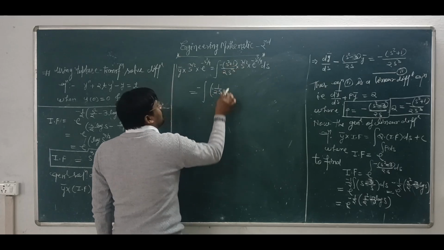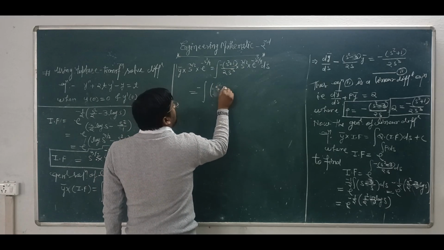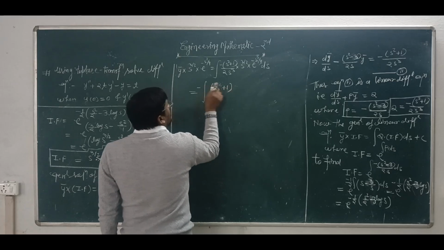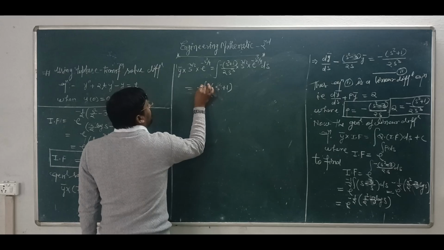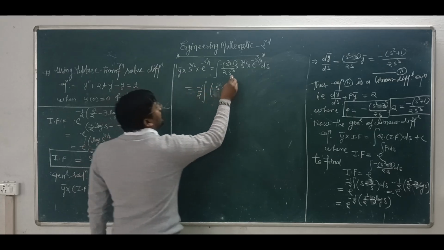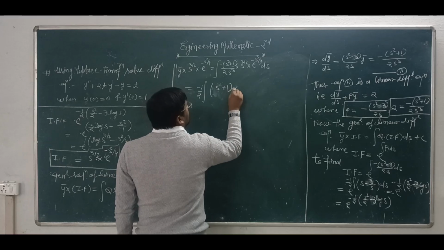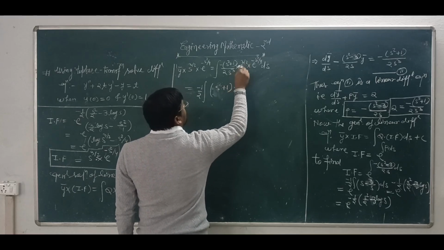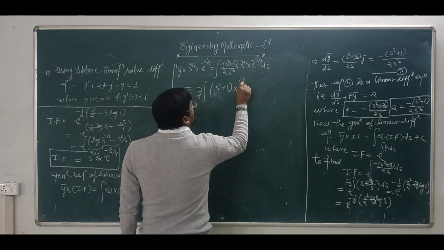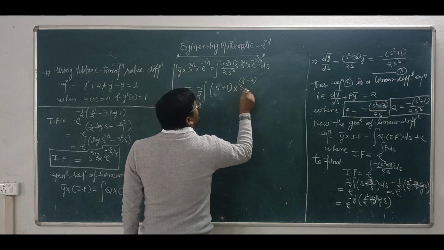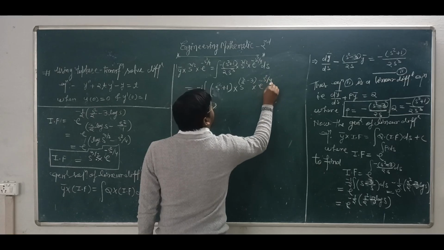Now you can solve s square plus 1, this is common, 1 by 2. Now multiply of this, you can solve 3.